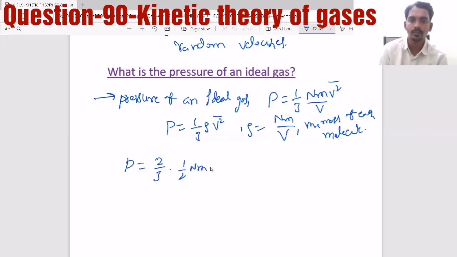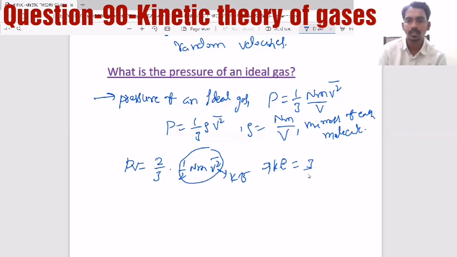So here, if you multiply this equation with 2 and divide with 2, 2 by 3 into 1 by 2 Nm V square bar, this is nothing but kinetic energy. So that kinetic energy will become, sorry, here V is also there, you bring V this side. So that is 3 by 2 PV or 3 by 2 nRT.